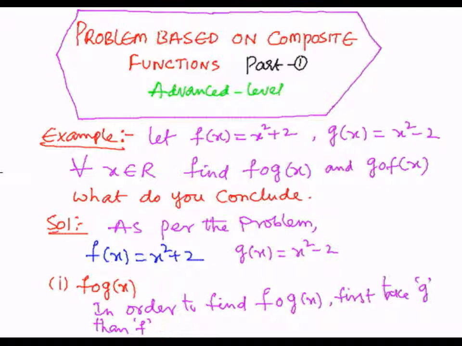Then the next logical step: we are going to find f of g of x, which can be given by f of g of x when the circle is removed, that implies f of the bracket g of x.